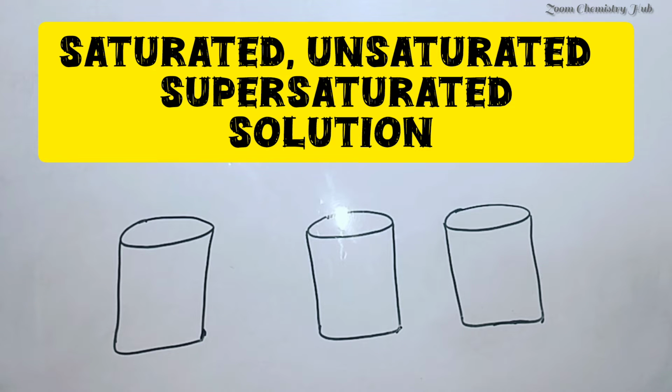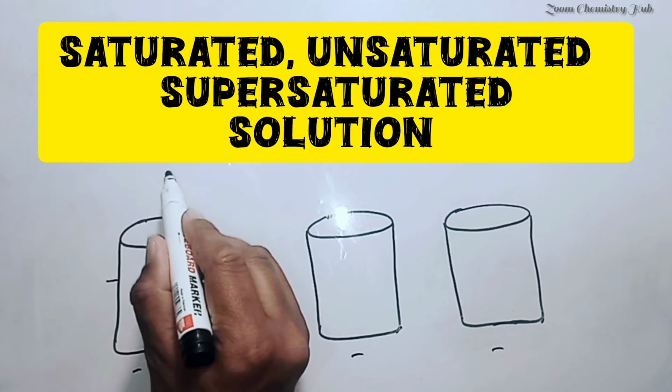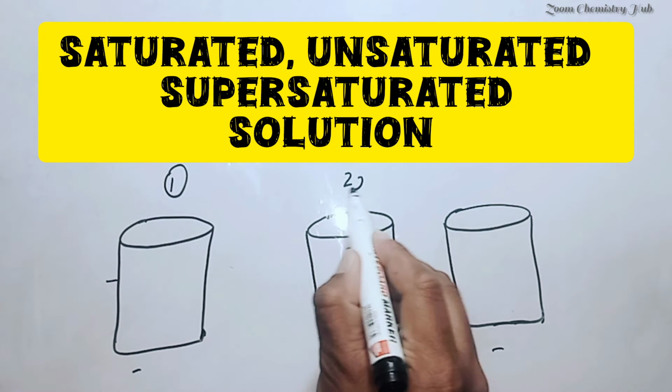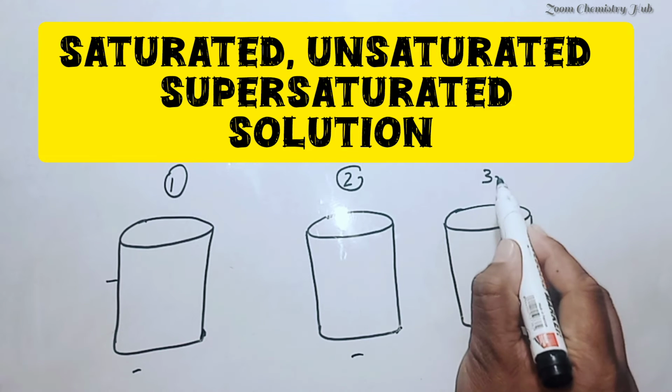Today in this video we will discuss and learn what is saturated, unsaturated and supersaturated solution. So first of all we will take three beakers, and in these three beakers we take the equal volume of water, that is beaker number 1, 2 and 3.